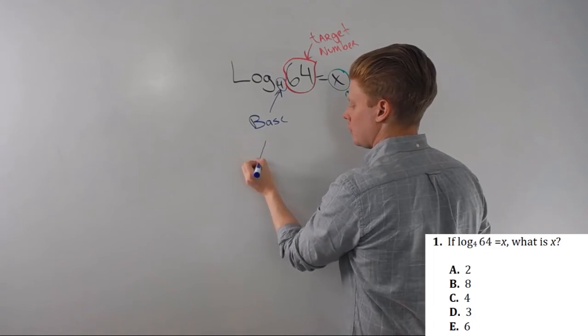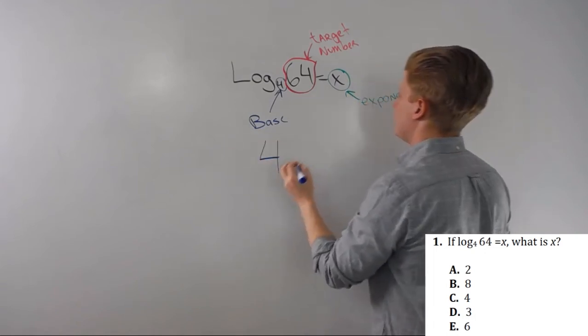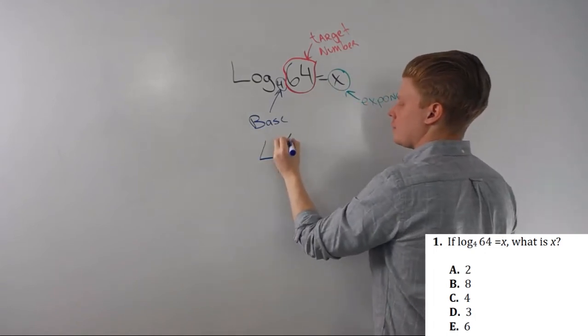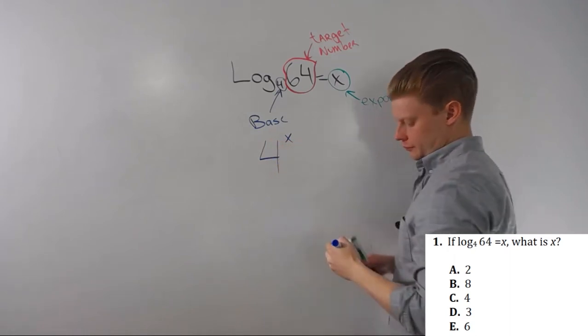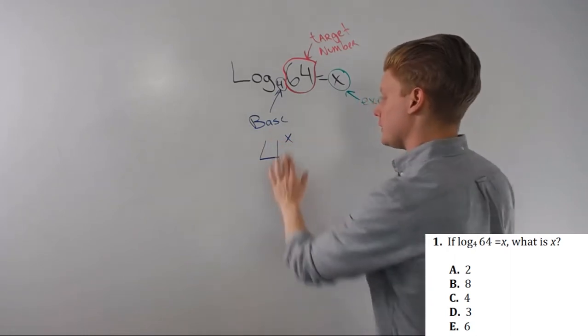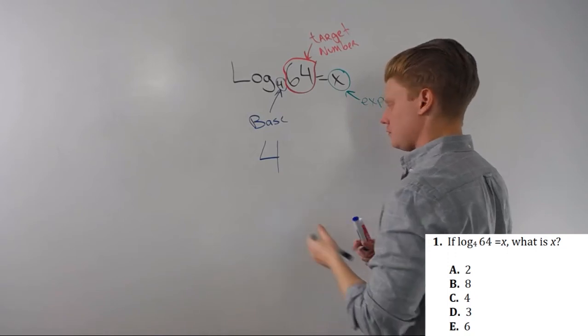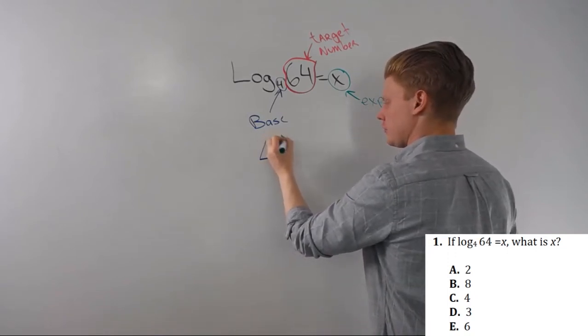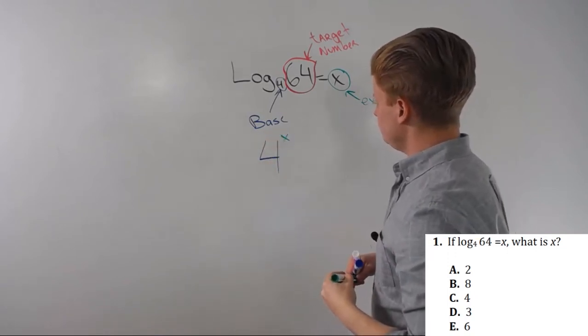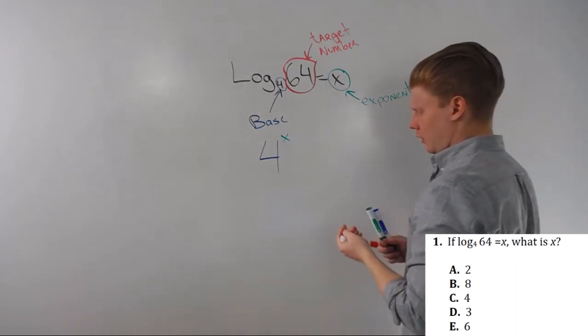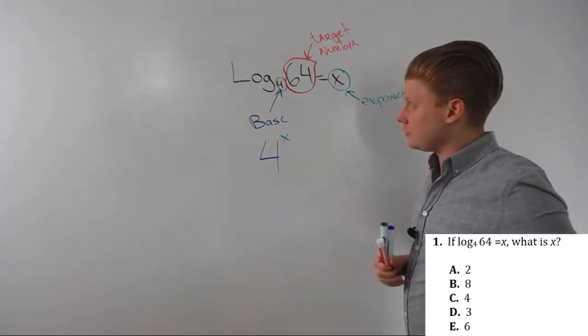So 4. X is the exponent. 4 to the x power. Oops. That x is supposed to be green, isn't it? Or she. However you want to gender your variable. And it's equal to the target number of 64.